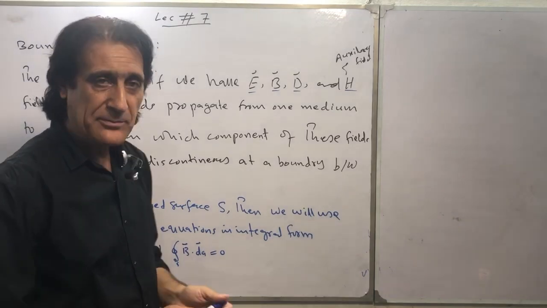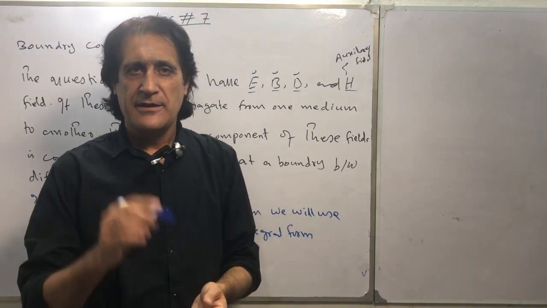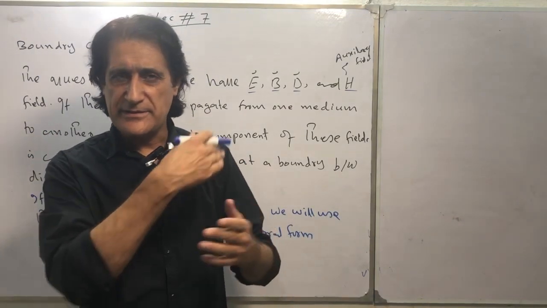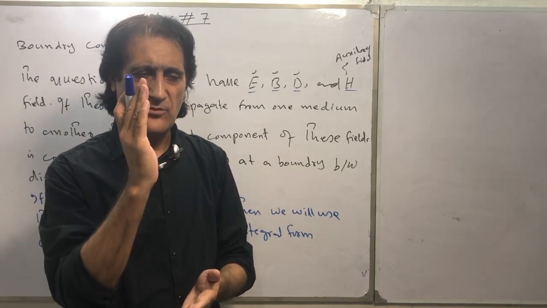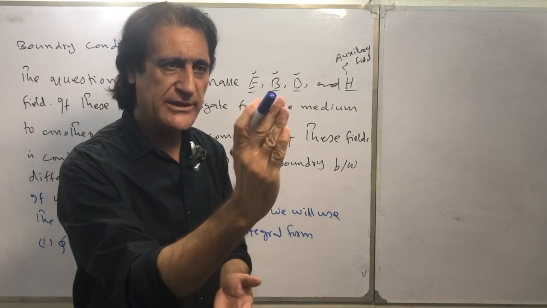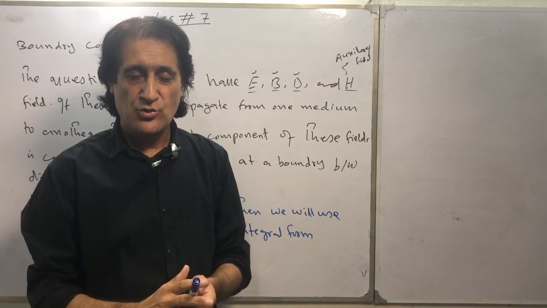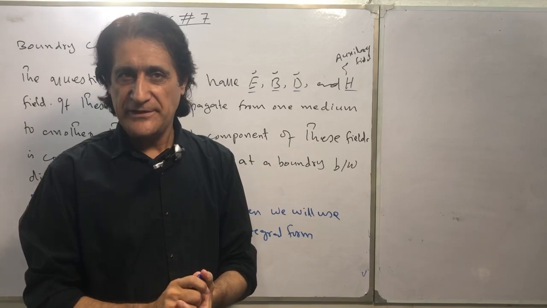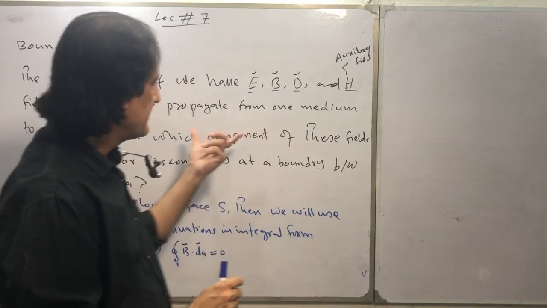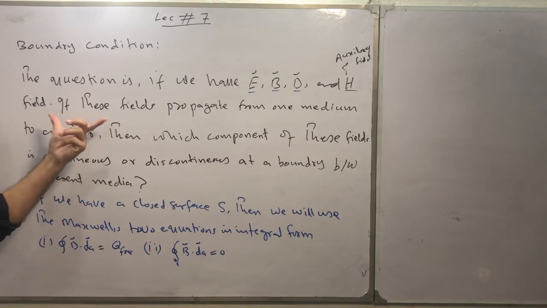Then what will happen if the electric field, magnetic field, and these four fields are propagating from one medium and enter another medium? So what will happen to the components of these fields? I have written the question.